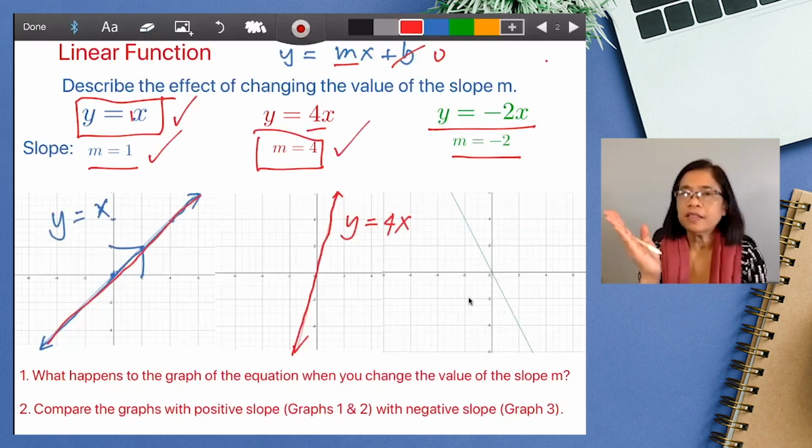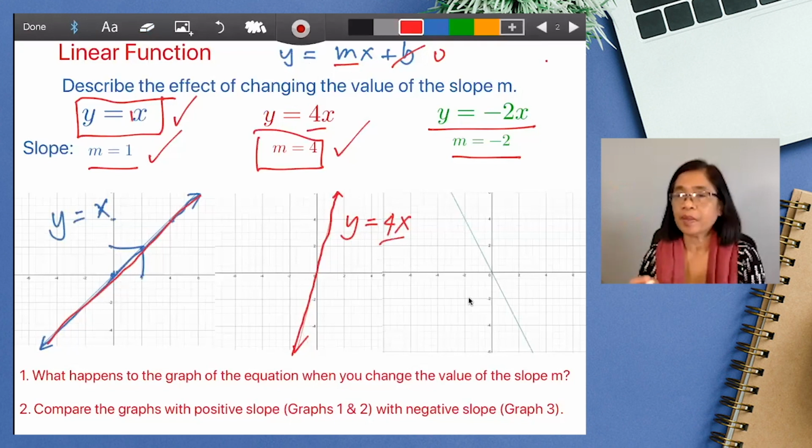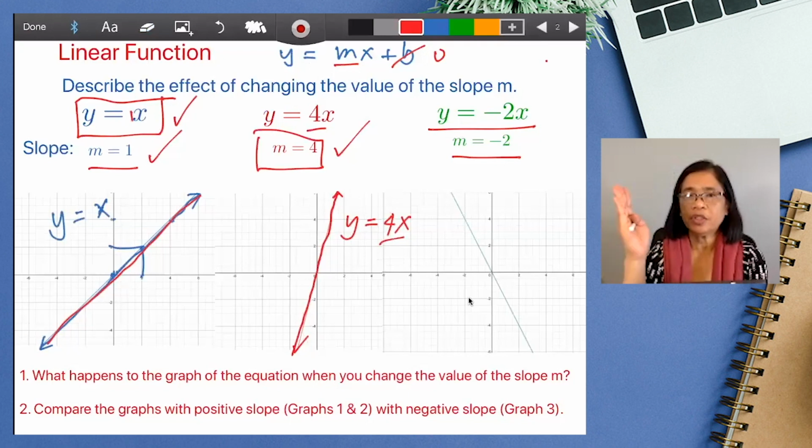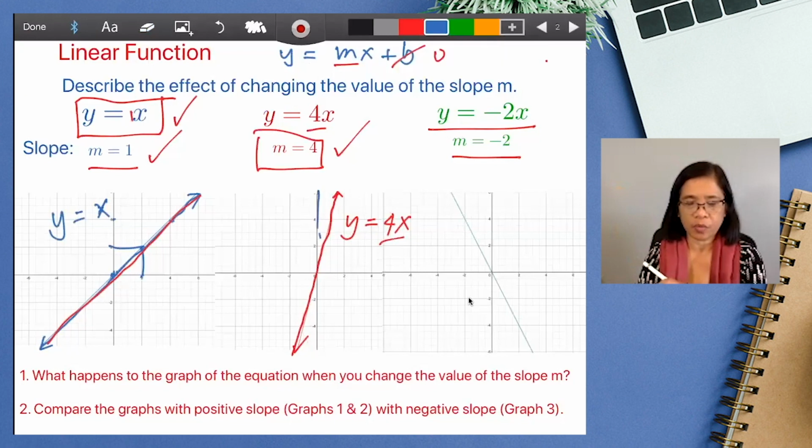Y is equal to x is flatter compared to y equals 4x. So as you increase the value of the slope m, the line becomes steeper and approaches the y-axis. Okay, it becomes steeper.